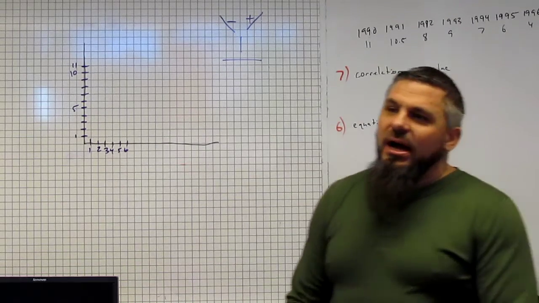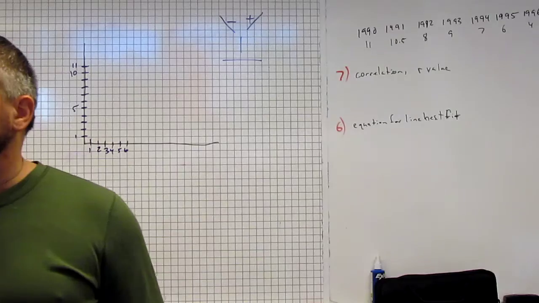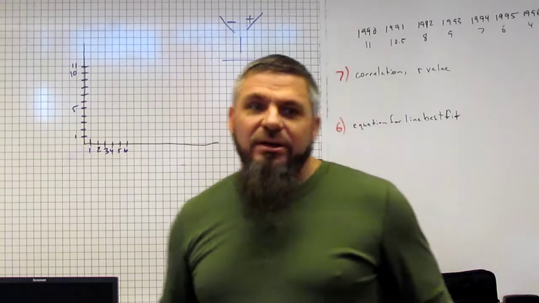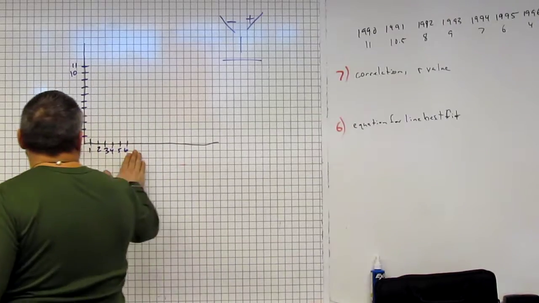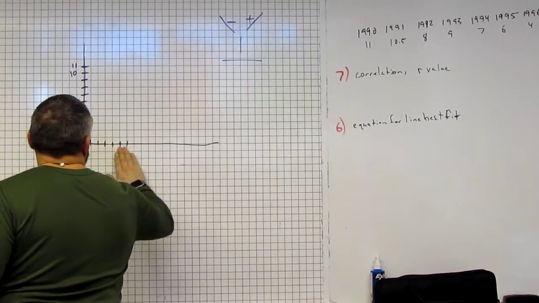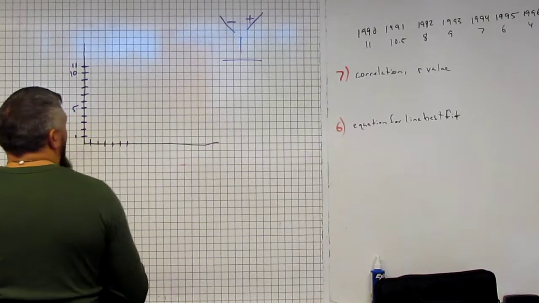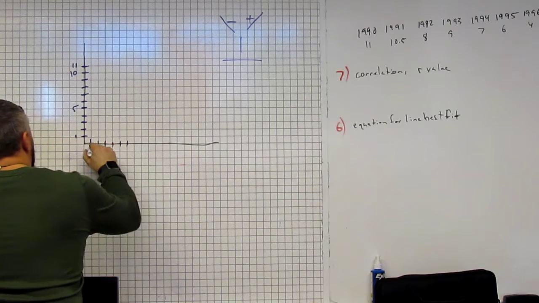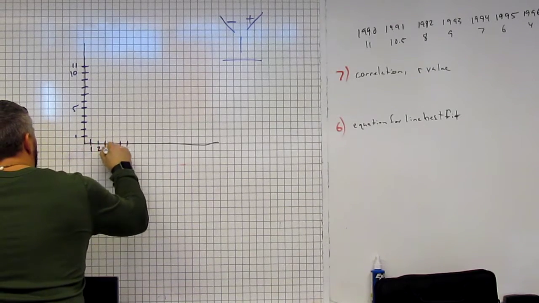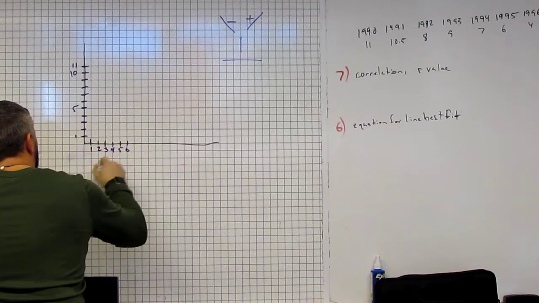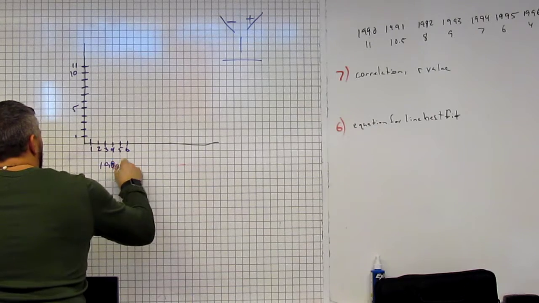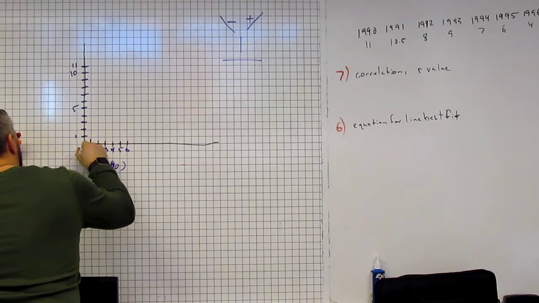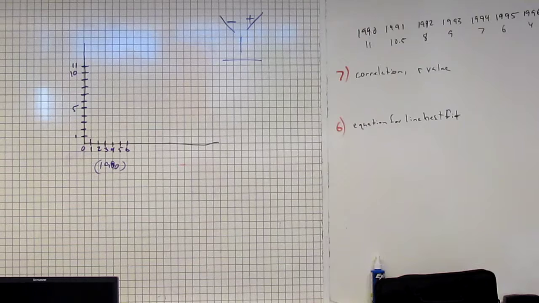Instead of doing 1,991 or something, what I decided to do was, actually we could go with 91, 2, 3, 4, 5, and 6. And so this is 1990, and that's your start. It's 1990, and then it goes 91, 92, 93, 94, 95, 96.